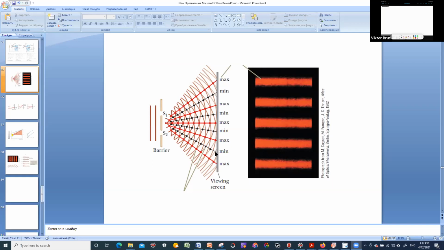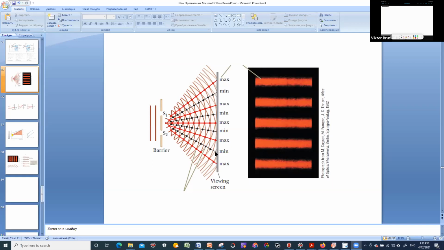So it really depends. It could be zero if the amplitudes of these electromagnetic waves which undergo interference are equal. Then they can compensate each other completely, and the amplitude of the resulting signal will be zero. But it depends on the intensity.